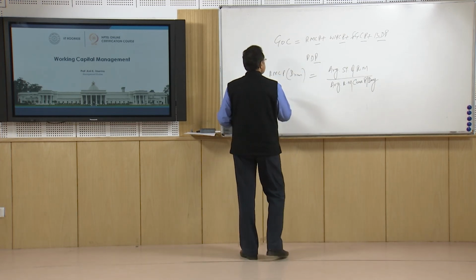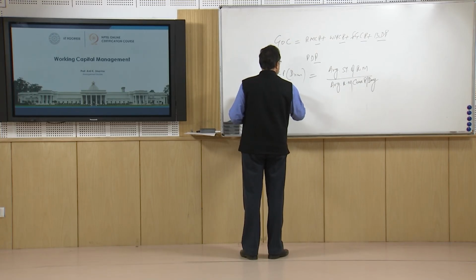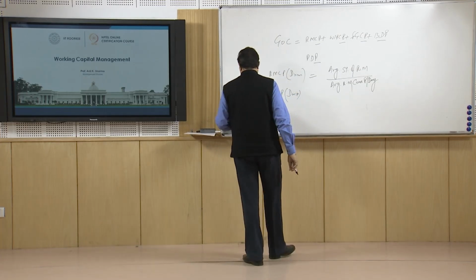Now we have to calculate the second, that is the WIPCP, or you can call it the DWIP, duration of work in process.